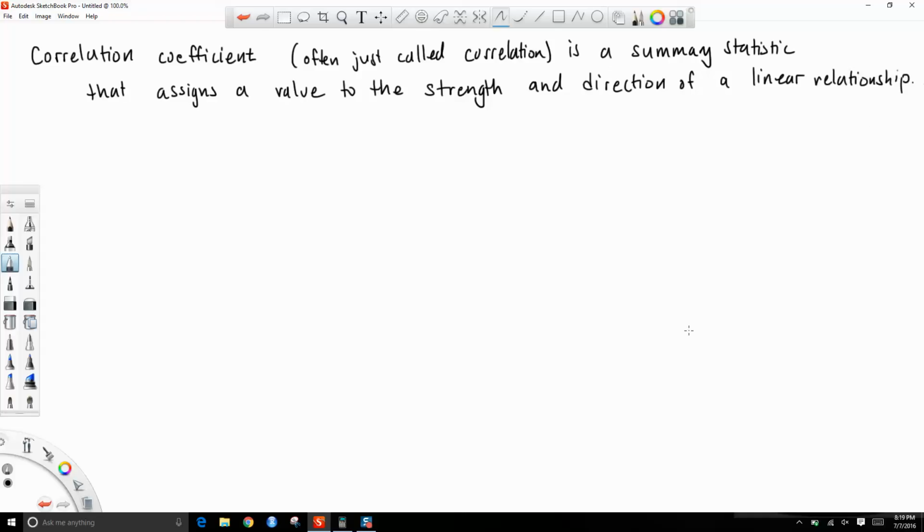Okay, so the interpretations of the correlation will only make sense if the relationship is linear.